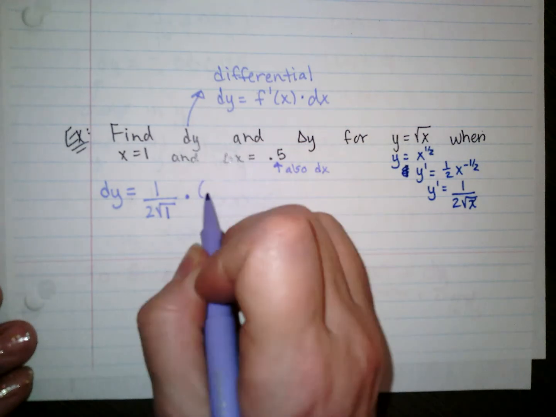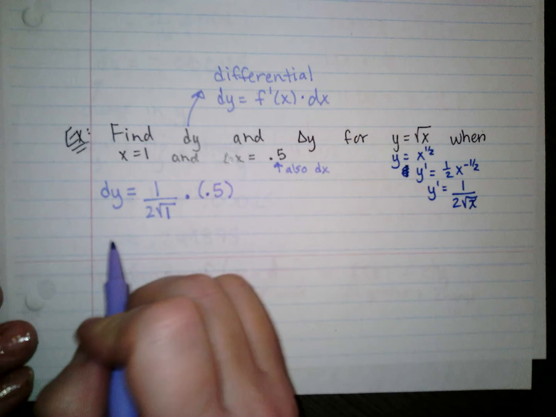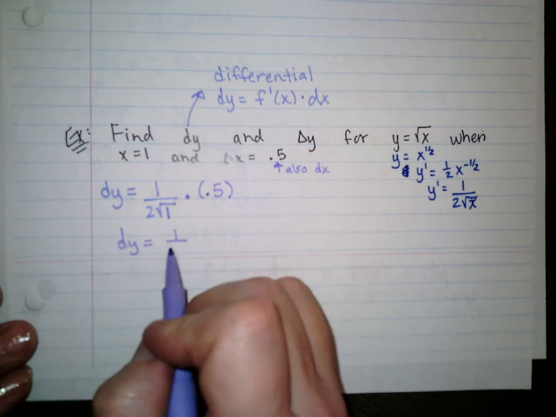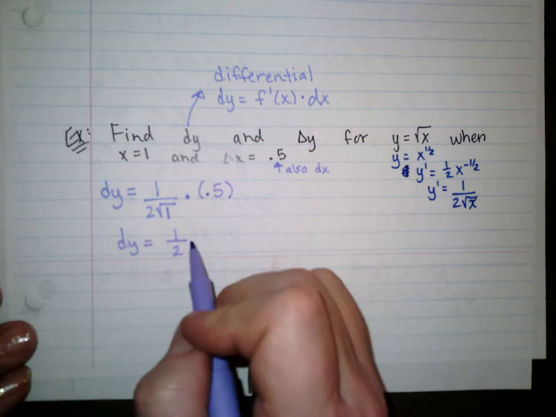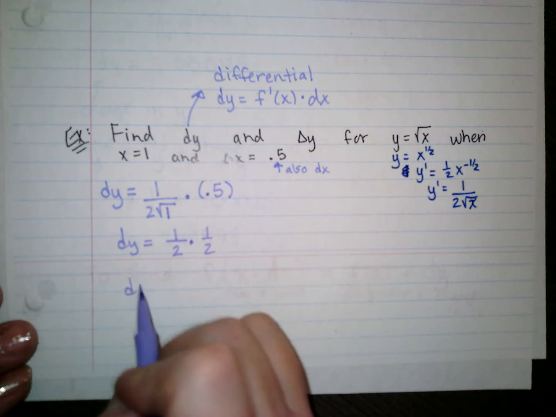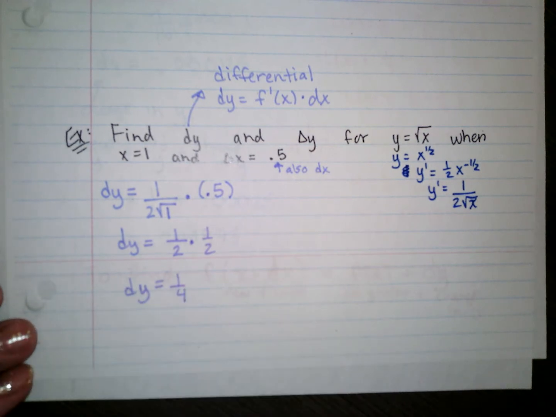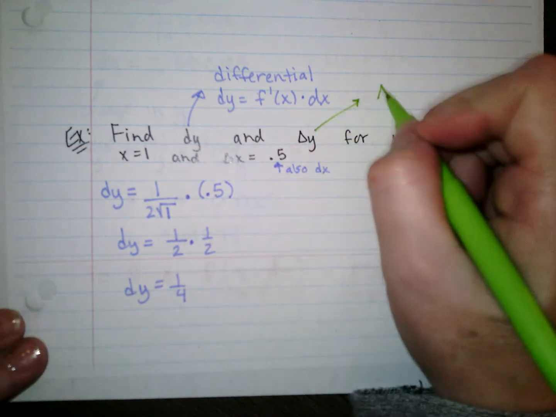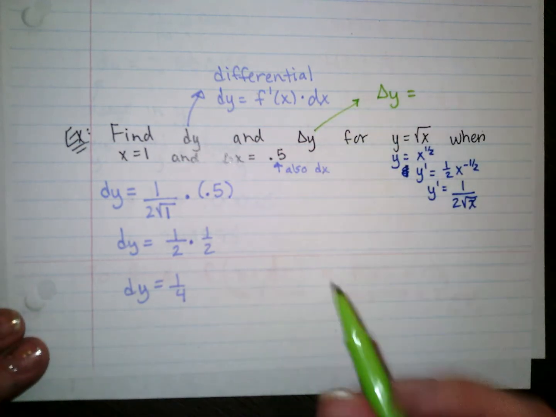So times dx, which is 0.5. So here we have dy is 1 over 2 times 1 over 2, basically. So dy would be 1/4. Now let's look at delta y. Delta y is the actual change in the function height.